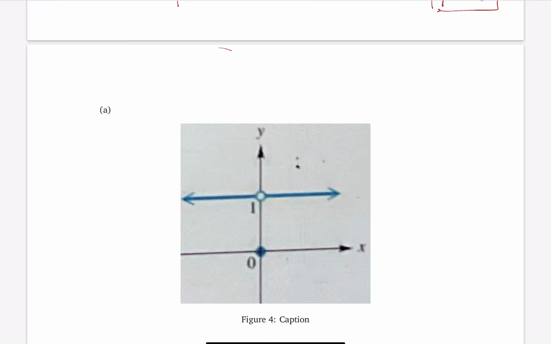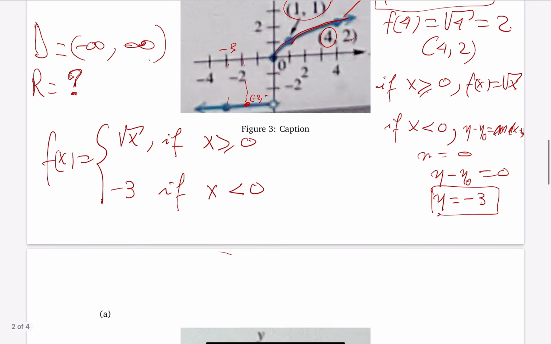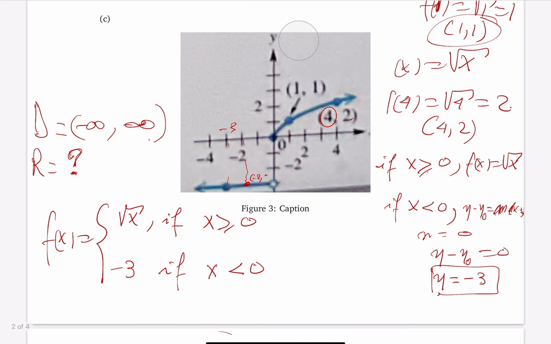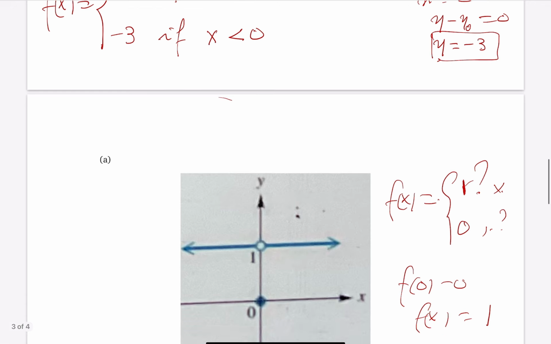This one is a great question. This one will be on your exam. Just think about it, okay? This one and this one. I want you to think about it, okay?